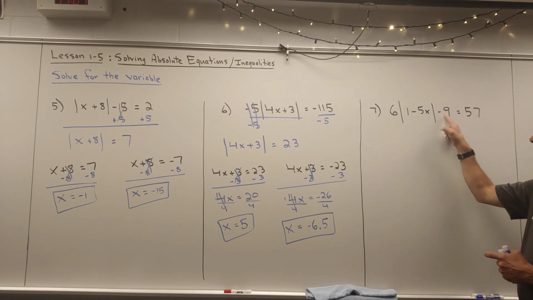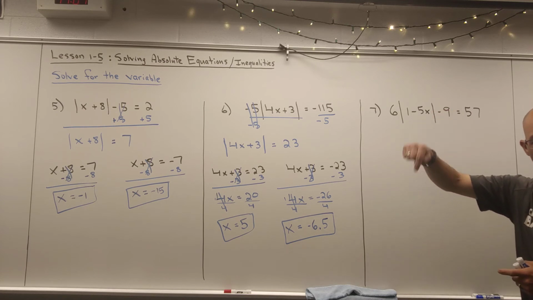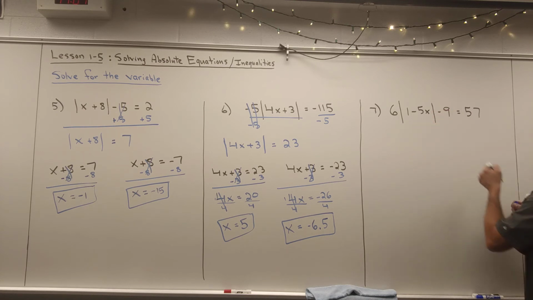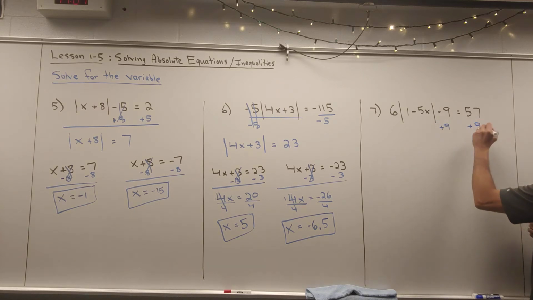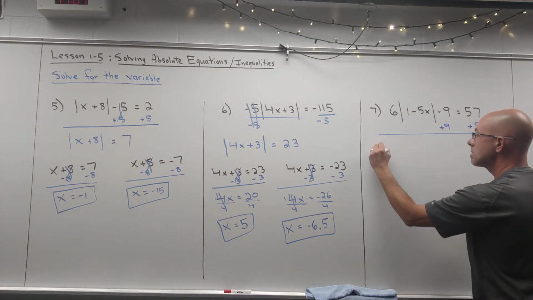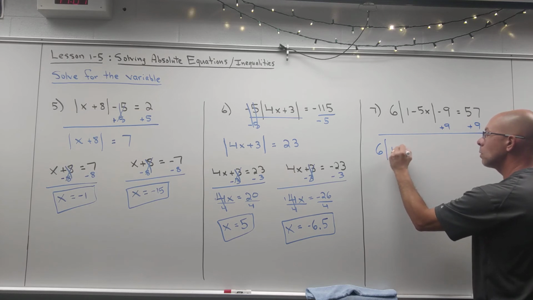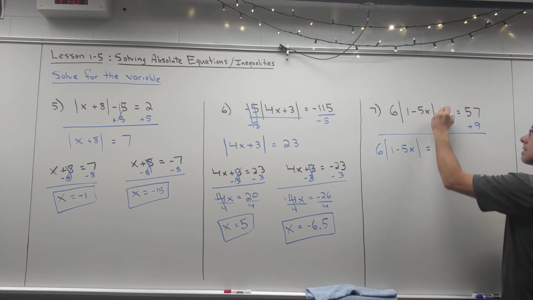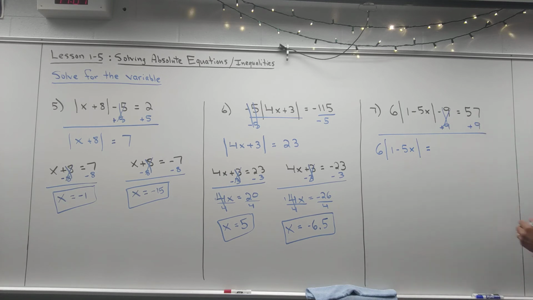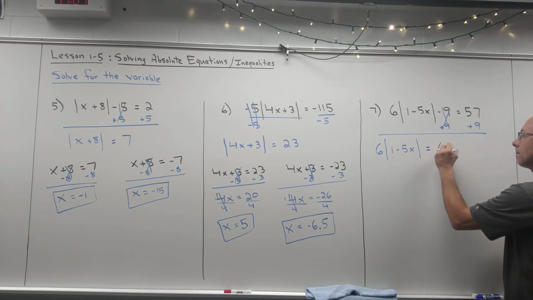So we have to add 9 and divide by 6 first. So add 9. So we get 6 times the absolute value of 1 minus 5x equals 57 plus 9, 66.